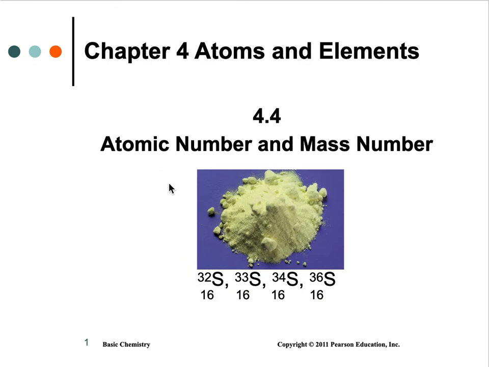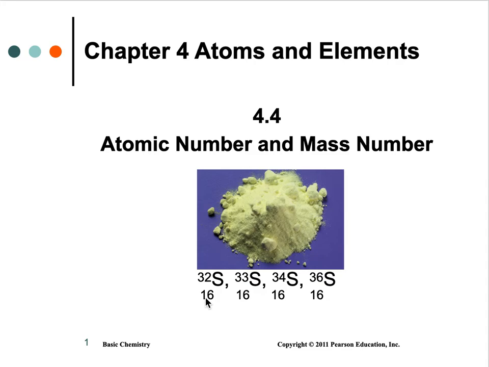So we'll see that the atomic number is the number of protons, but the mass number is the number of particles in the nucleus. And these are protons and neutrons together. So they're considered to be nucleons. They're in the nucleus, and protons and neutrons both are considered nucleons. So this number, 32 in this case, 33, 34, 36, are the different forms of sulfur based upon their weights.